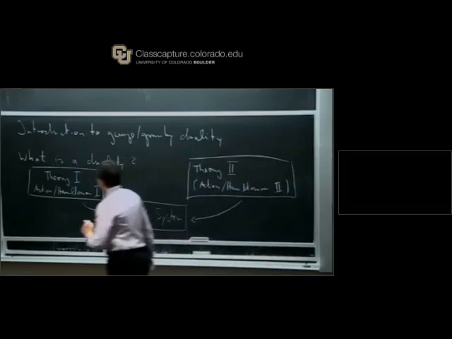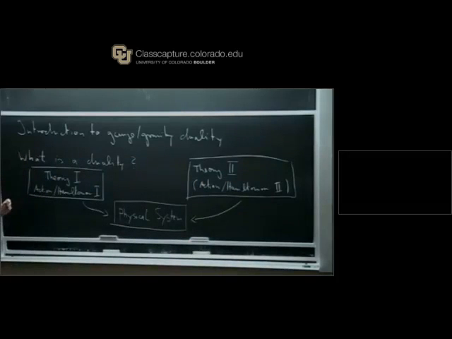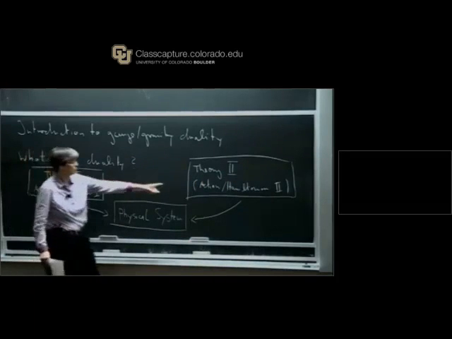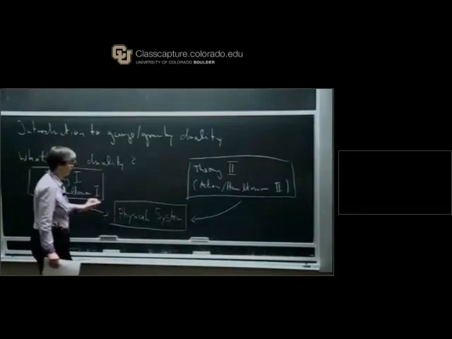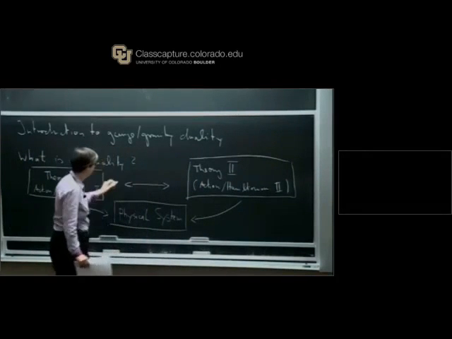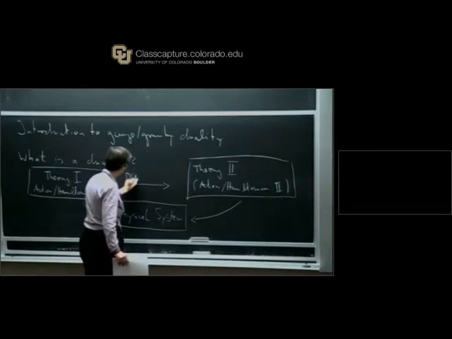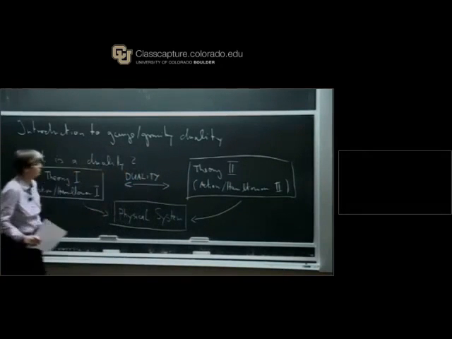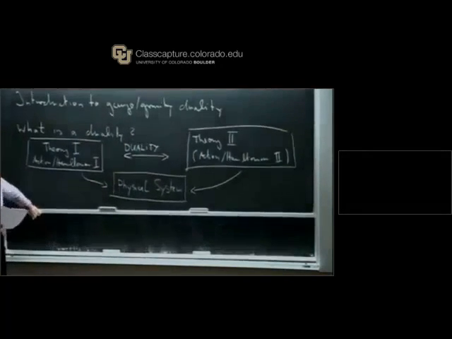Now, of course, if this situation is present, then obviously there must be a relation between these two theories, and this relation we are going to call a duality. So if this is the case, then we say that the two theories are related by a duality. Okay, so this will be my definition of duality.